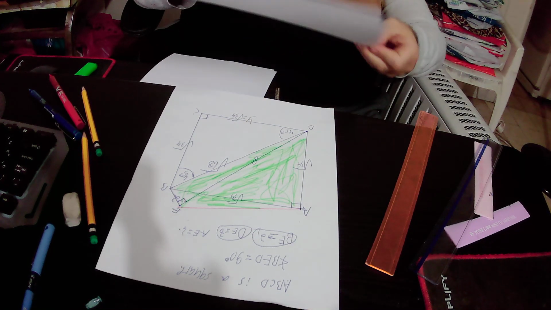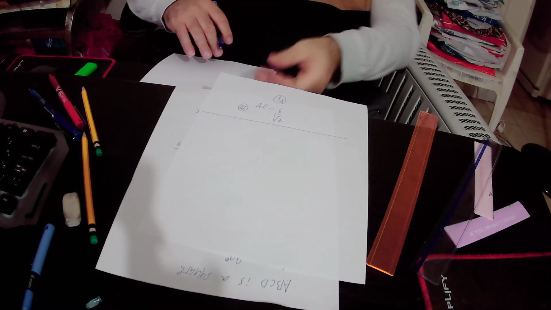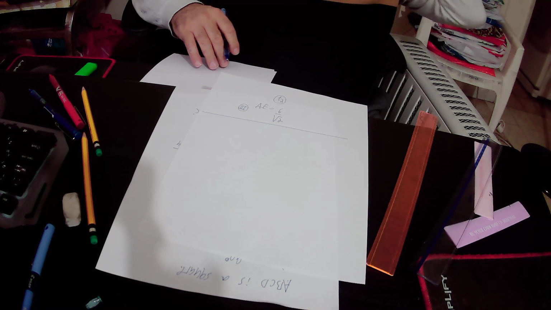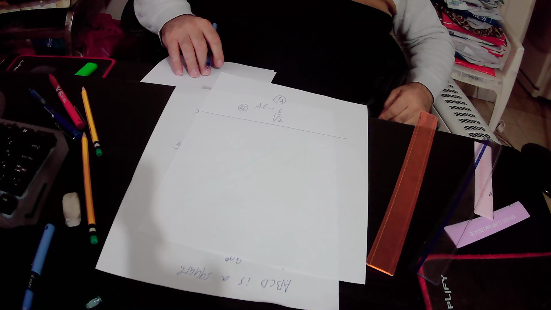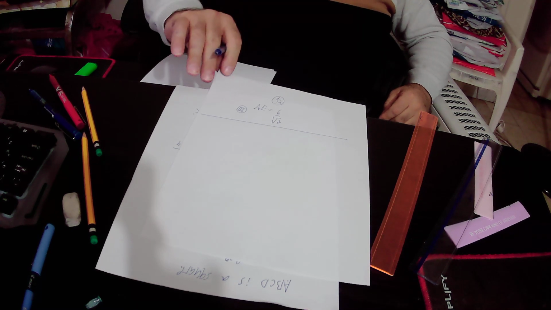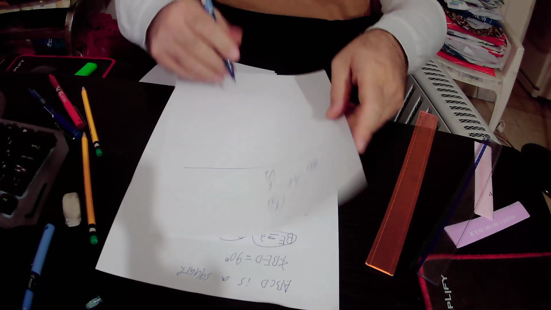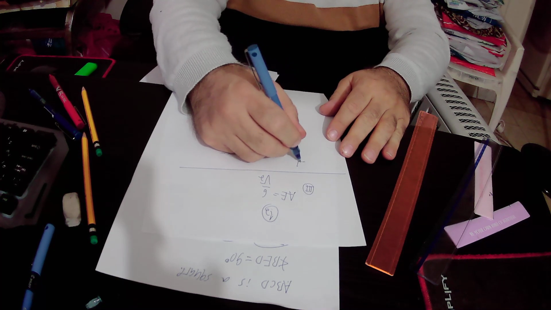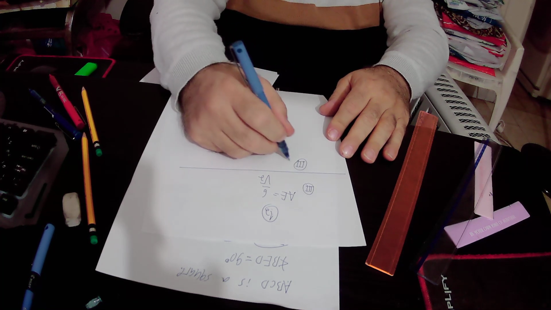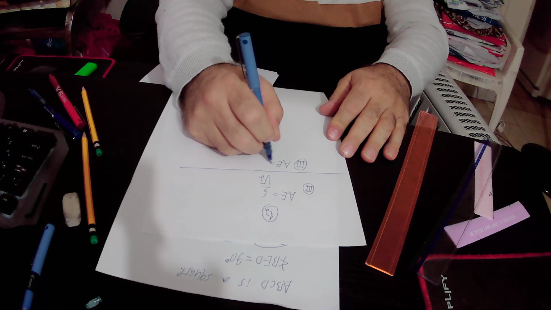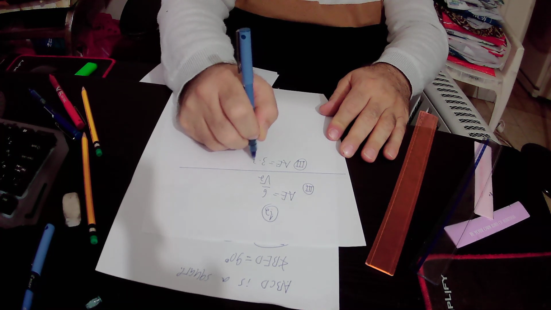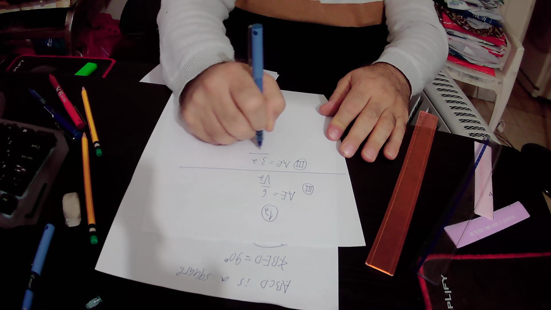So we found out that AE equals 6 over square root of 2 units. 6 is 3 times 2, so I write it down. AE will be equal to 3 times 2 over square root of 2.